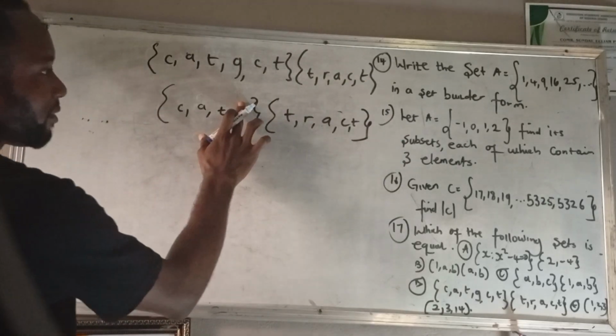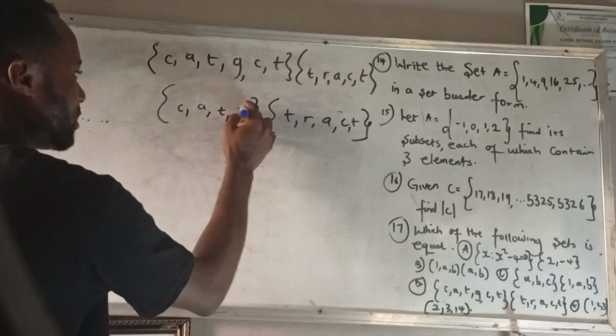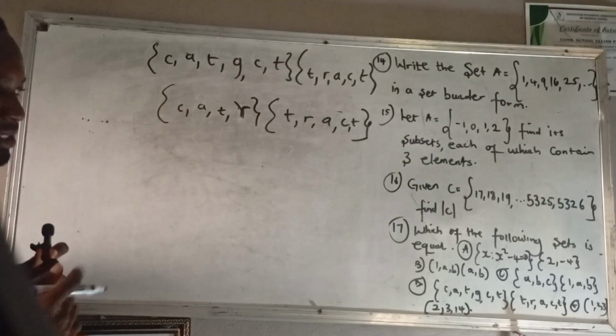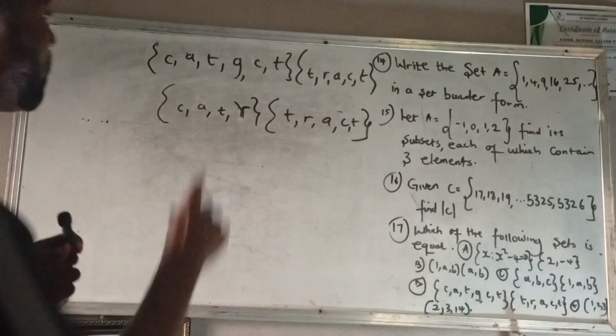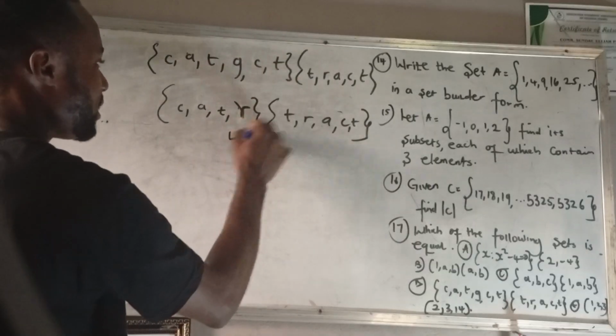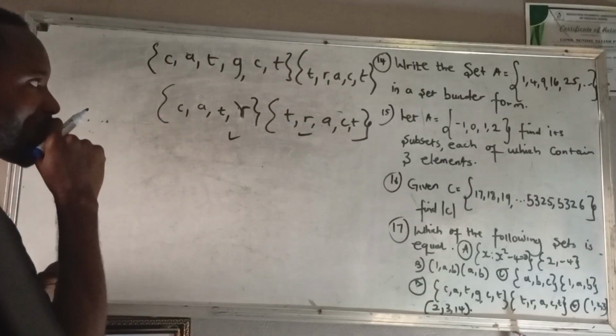If here was R, if peradventure this place given as G, I can boldly say that the mistake is from the typist. If here was R, this set and this set will be equal.